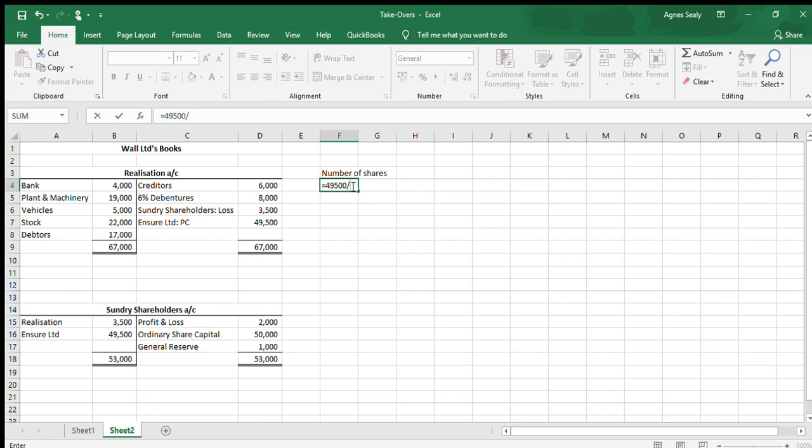So the par is $2, the premium is 20 cents. Therefore that's $2.20. So we take the purchase consideration and divide it by the $2.20, which gives us a number of shares of 22,500 shares.